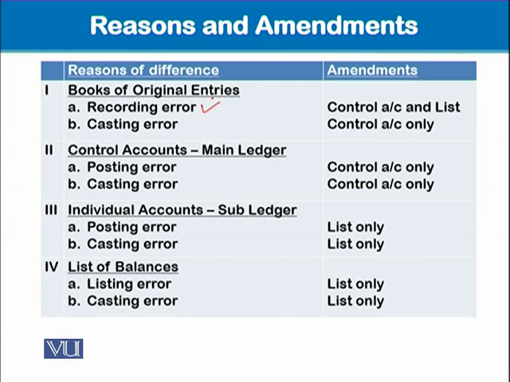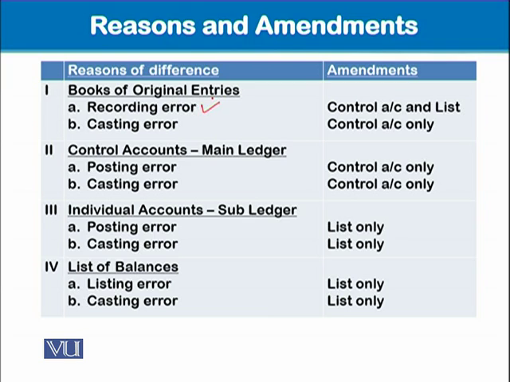When we say error while recording transaction in the book of original entry, it includes an error while taking information from the source document and recording it in the book of original entry.